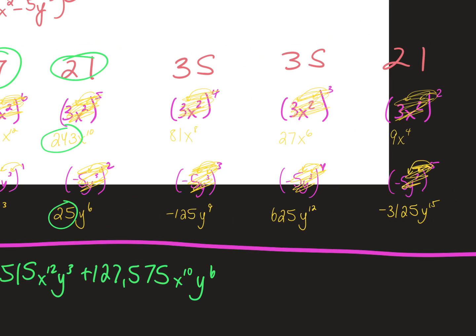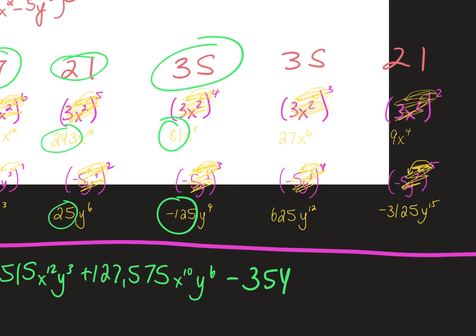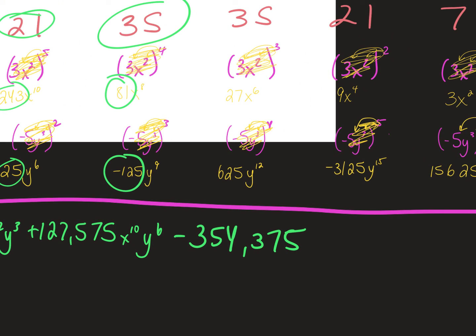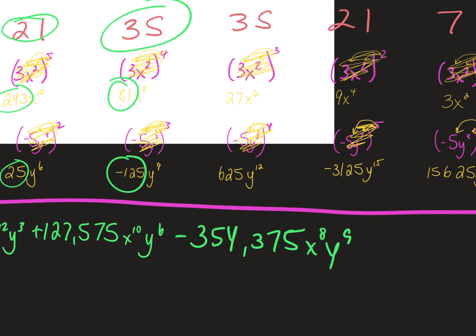Okay, moving along. 35 times 81 times negative 125 is negative 354,375. So minus 354,375, X to the 8th, Y to the 9th, right? Okay, good.